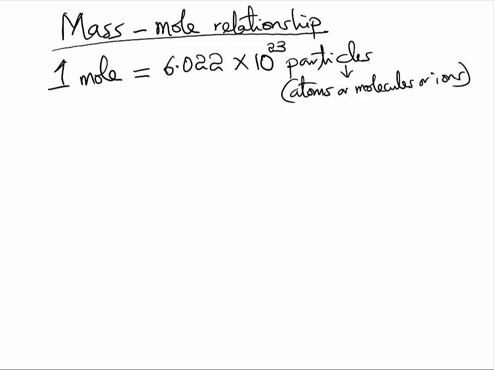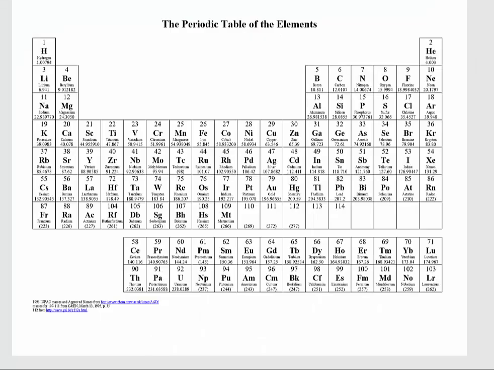What about the relationship between mass and mole? To answer that question, let us take a look at the periodic table. On the periodic table, you see the atomic masses of the elements at the bottom of each box.